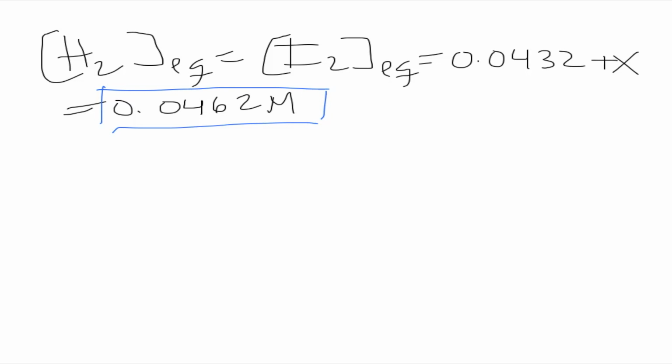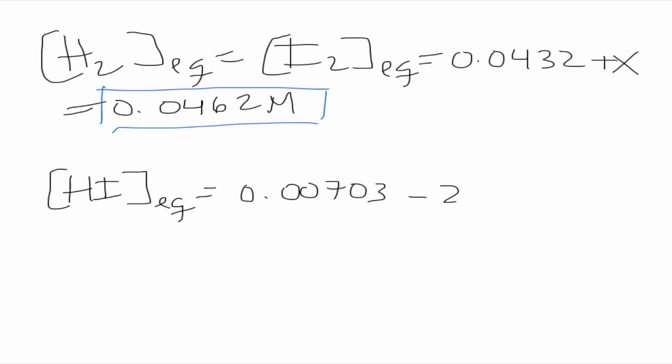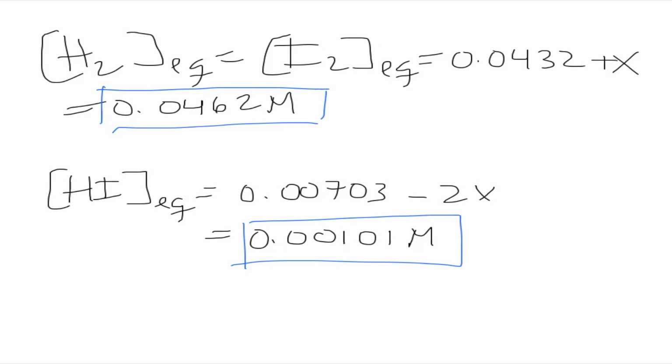Then we do the same to the product. We know that the concentration of HI at equilibrium is going to be 0.00703 minus 2 times x, which is simply 0.00101 molar. Those are the concentrations at equilibrium, and that was how you use the rice table to determine these concentrations.